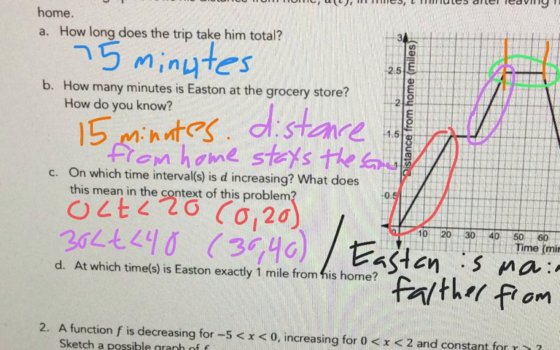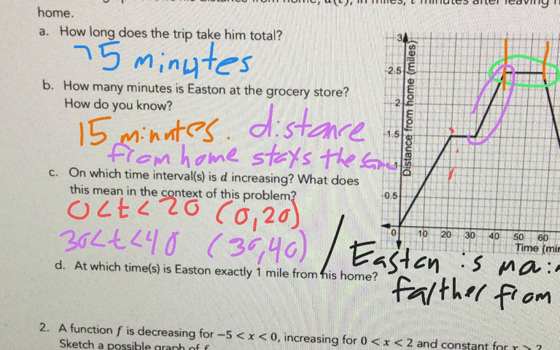D, at which times is Easton exactly 1 mile from his home? 12 minutes and 65 minutes. Okay, how did you get that? Very good.